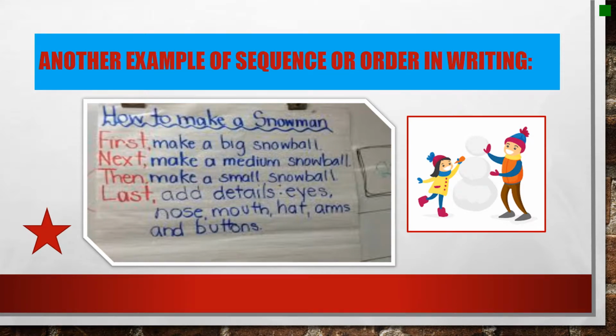And we put it on the top. Last, add details like the eyes, the nose, the mouth. We usually put a carrot for the nose. A hat, he gets a hat. Some arms and some buttons. Sometimes you give him a scarf. But those are the things that we do. We put them in order. We put them first, second or next, then, and then last.